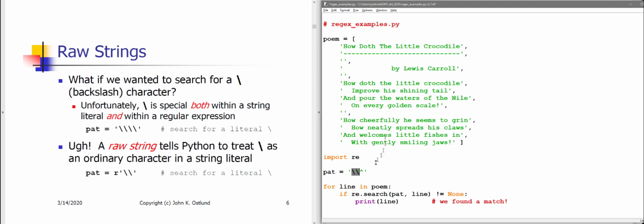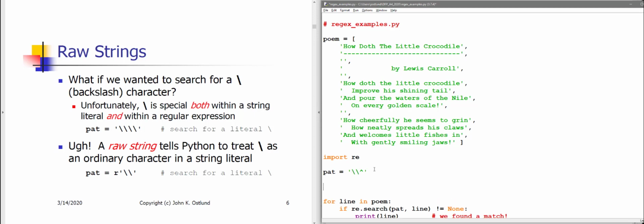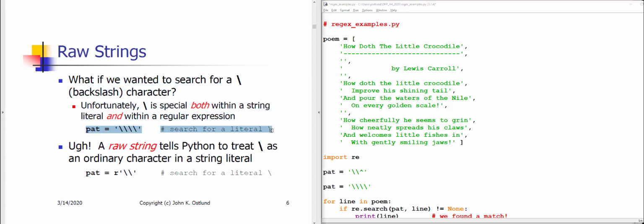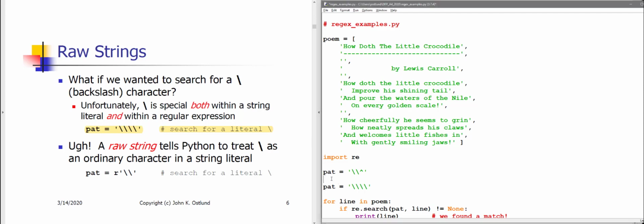If I wanted to search in this poem for a line that contained a backslash, I would have to specify backslash backslash to get one backslash, backslash backslash to get another backslash. This passes a pair of backslashes, which is a literal backslash, as the pattern that I'm searching for. So I need to type 4 backslashes in order to search for a literal backslash in the string that I'm examining.